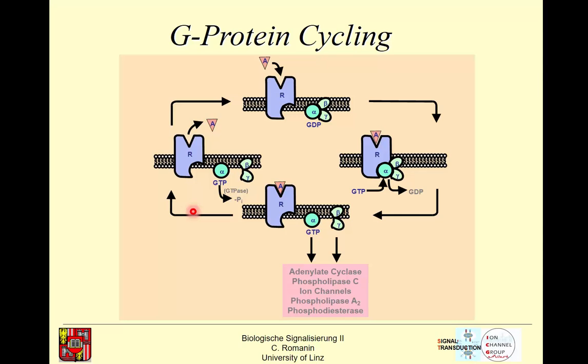So on the next slide, you can see what happens after the conformational change of the rhodopsin receptor. Here, the rhodopsin receptor gets activated by a ligand, and the ligand in our case is light. It makes a conformational change which increases the affinity to the G protein.